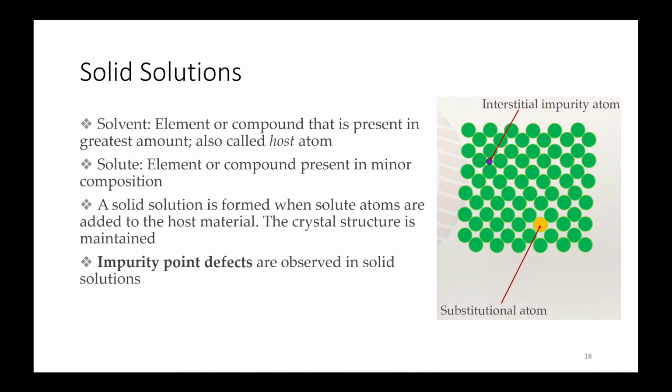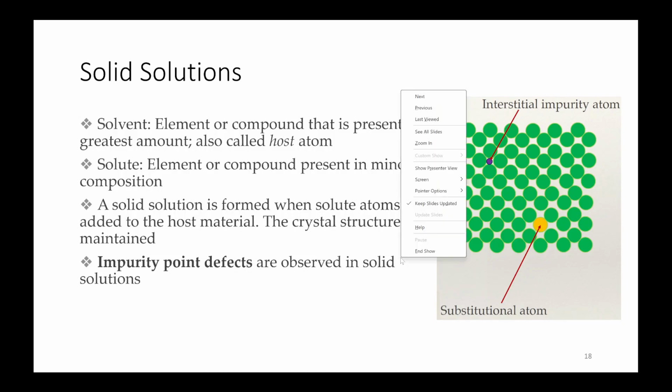And the solute is the element or compound present in minor composition. These green atoms are your solvent atoms. A solid solution is formed when solute atoms are added to the host material and the crystal structure is maintained. Impurity point defects are observed in solid solutions.